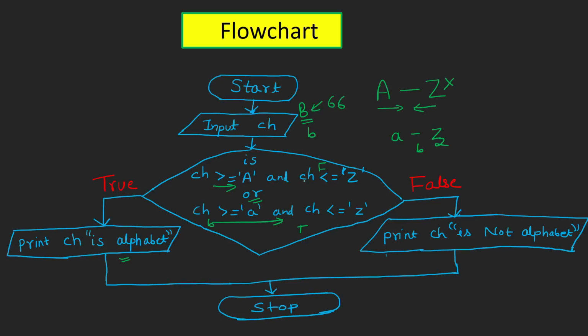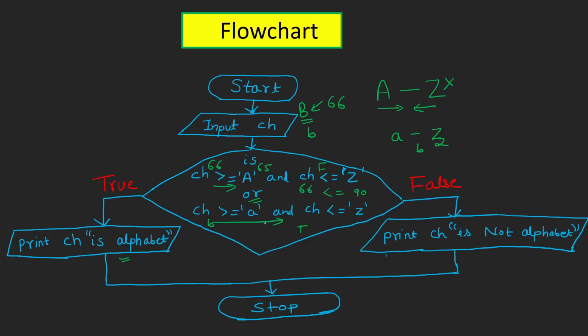Here we are actually checking whether my 66 is greater than 65, the ASCII value of A. So 66 is greater than 65, yes, and this 66 is lesser than or equal to the ASCII value of Z, which is 90. So both conditions are true, that is, it is greater than 65 and lesser than 90. In this way the checking is getting done.